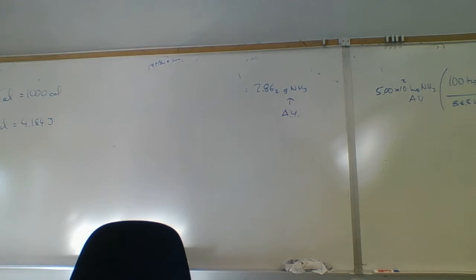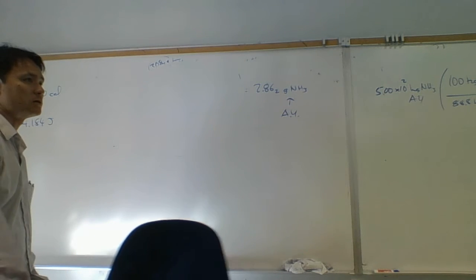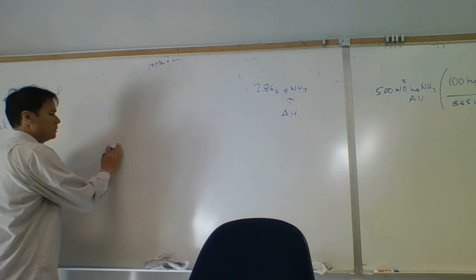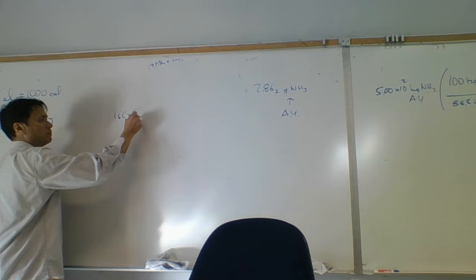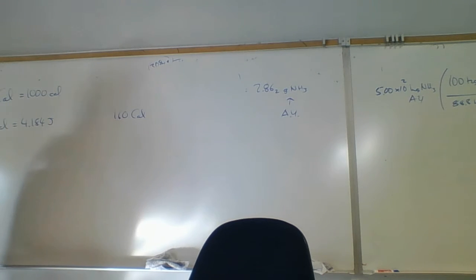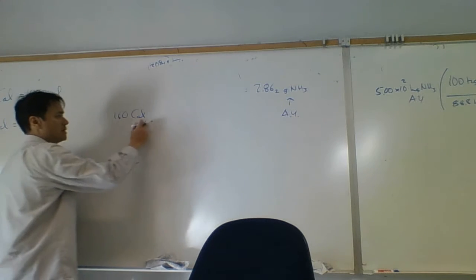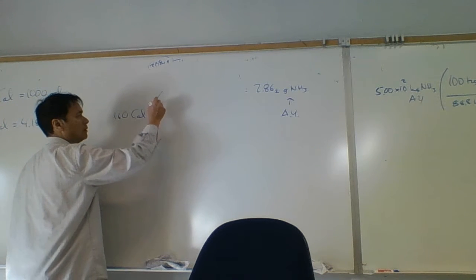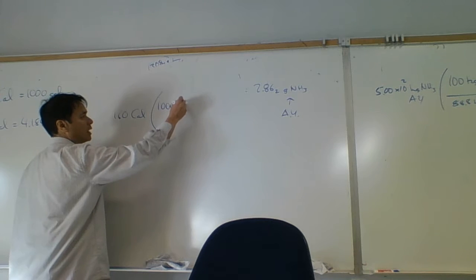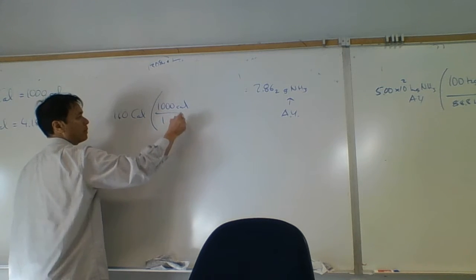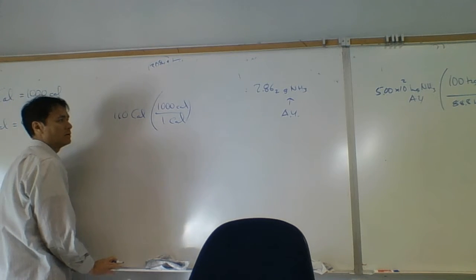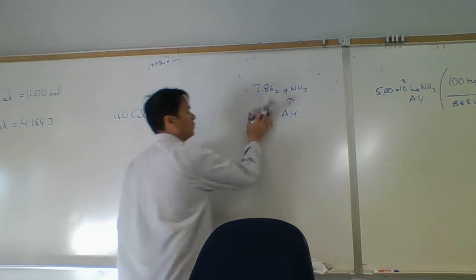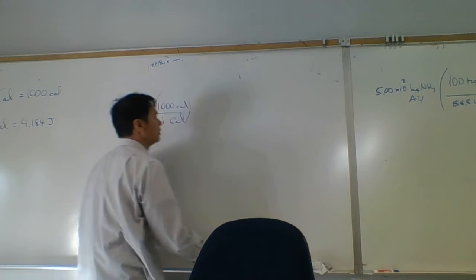A 1 ounce serving of almonds has 1.6 times 10 squared calories. So 1.6 times 10 squared calories is 160 calories. Express this in joules and kilojoules. So if we have 160 calories, then I know that there's 1,000 little calories per 1 big calorie. And so that'd be 160,000 little calories.